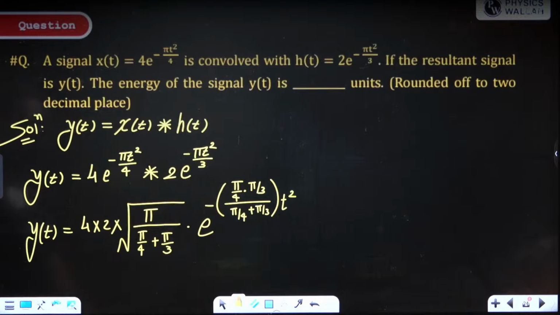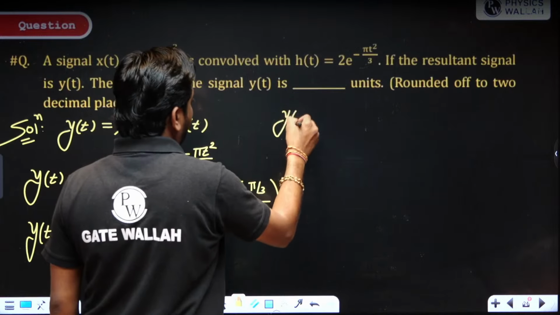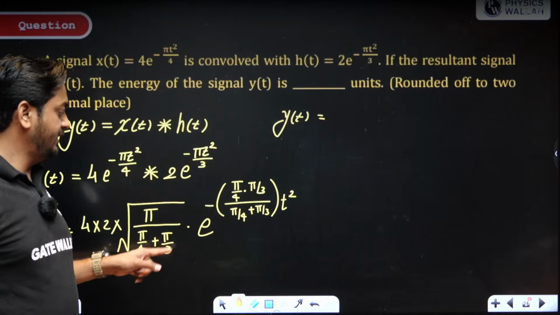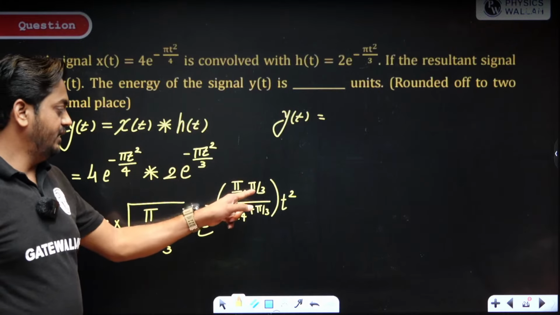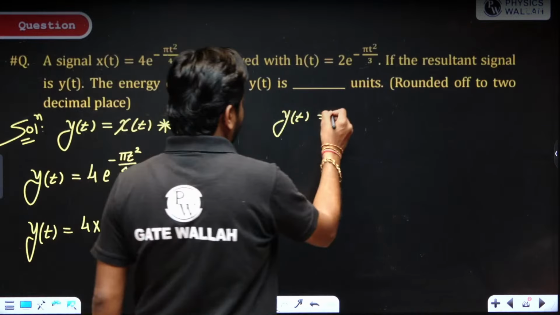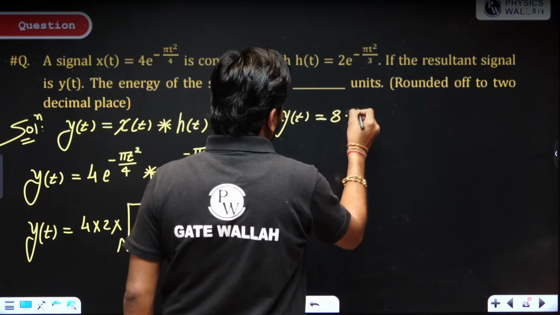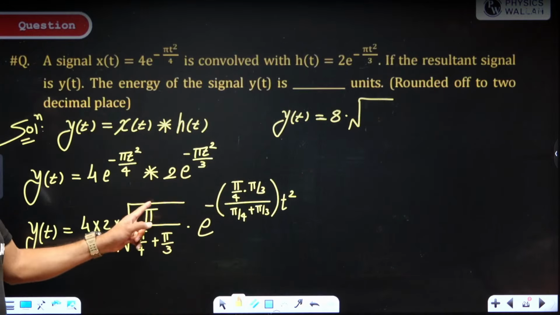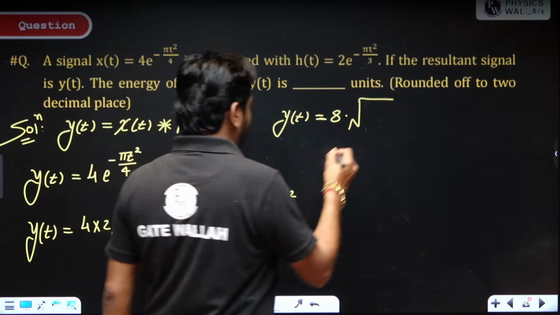Now just to simplify this one. We have k1 into k2 under root of pi upon a plus b, into e to the power minus a into b divided by a plus b, into t square. So this is 8 under root of 12 divided by 7, pi gets cancelled out.